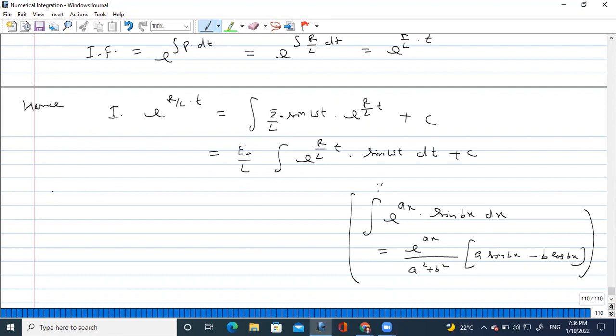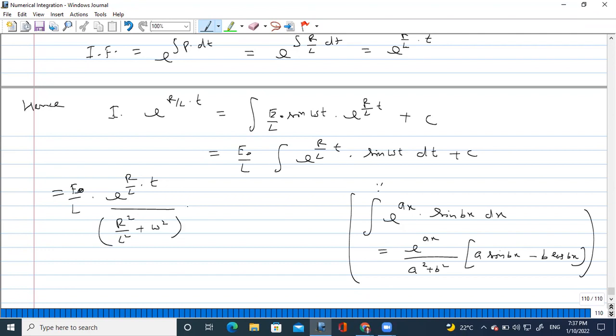So I can use E naught by L into e to the power ax. A is what? R by L. So e to the power R by L, and x is here t. That is the same. Divide by a square plus b square, meaning R square by L square plus omega square, because b is working as omega.